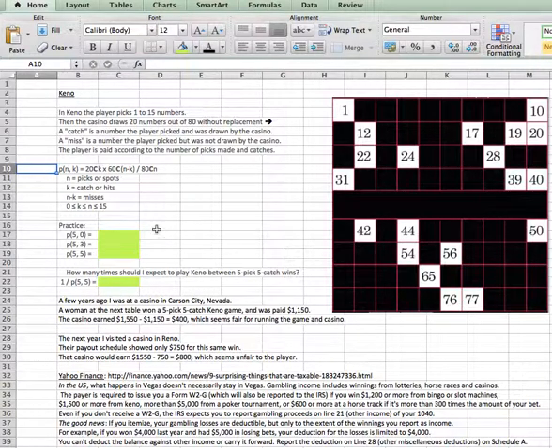So let's practice a couple of these. Suppose I pick 5 numbers, and what's the probability that I get none of them?